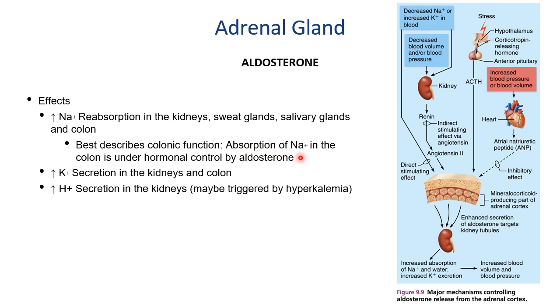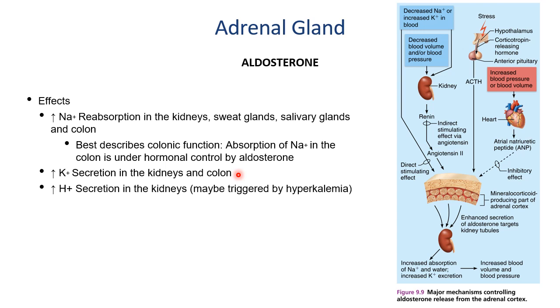So what is the best description of aldosterone activity in the colon? Absorption of sodium in the colon is under hormonal control by aldosterone. So not only in the kidneys, but the sodium and the water that is in the poop by the action of aldosterone is reabsorbed and returned into the blood so that sodium and water is retained by the human body.